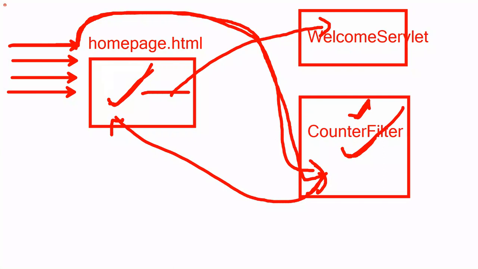Your answers are right, but now we have to retrieve the value. Where is the count value? In the filter. We have to retrieve it in the Servlet. How to retrieve it? The count variable value we have to retrieve.